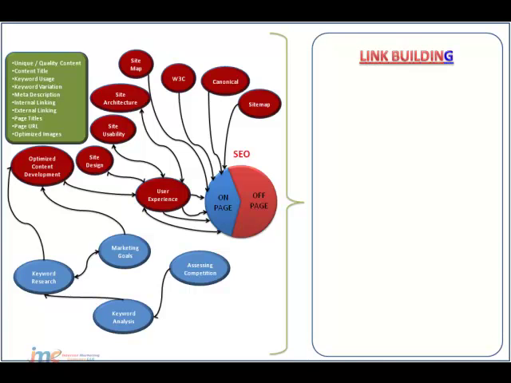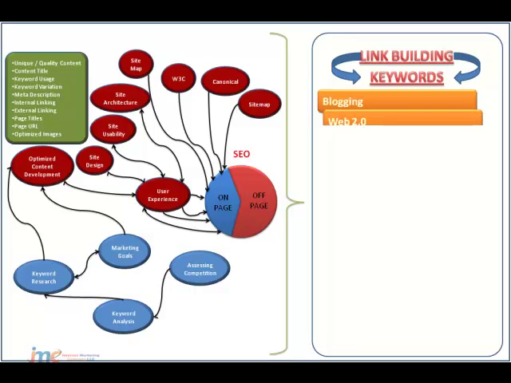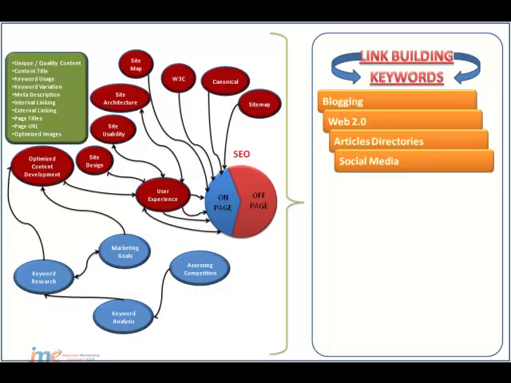Everything in off-page optimization practically boils down to link building, and link building goes back to your keywords, the keywords you got from your keyword analysis and keyword research, and of course you built your highly optimized content with your keywords. Link building goes back to your keywords because you use your keywords in your anchor text, and that's how you build your links back to your website.